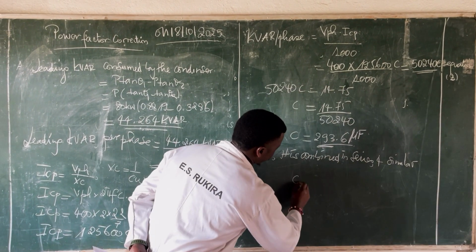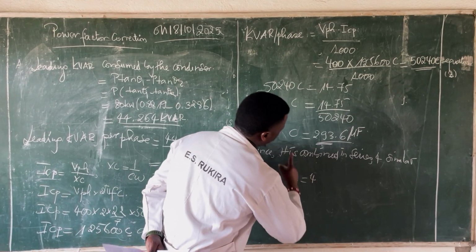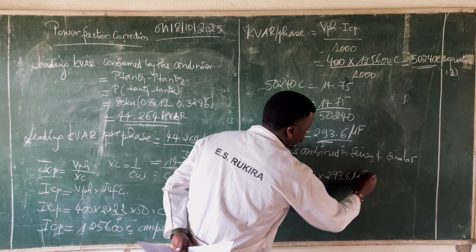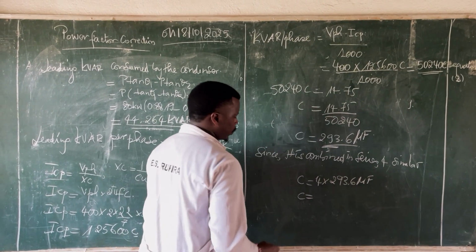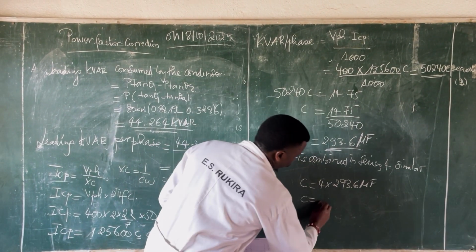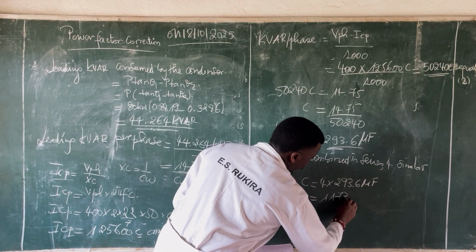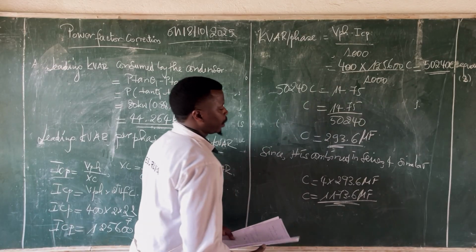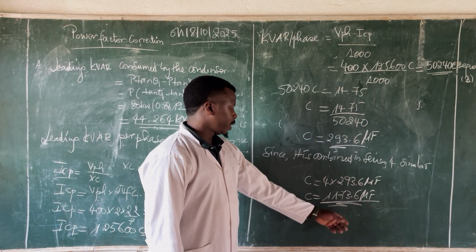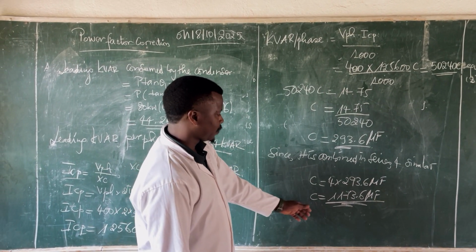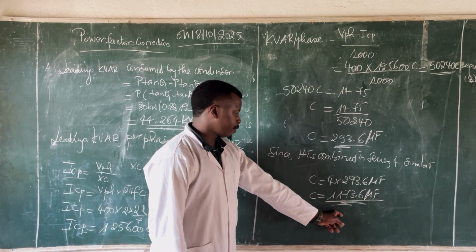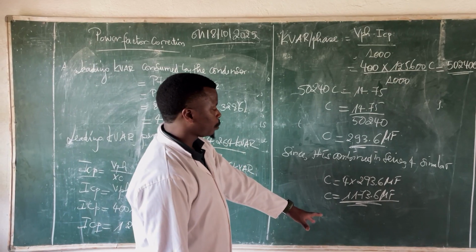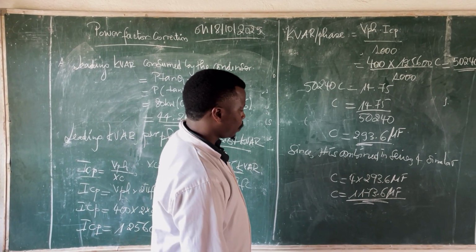The required capacitance will be equal to 4 times 293.6 microfarad, and now C will be equal to 1173.6 microfarad, which will be the required capacitor per phase to correct this power factor from 0.75 to 0.95. So after getting this, what we require is just to put this in data during the practice.